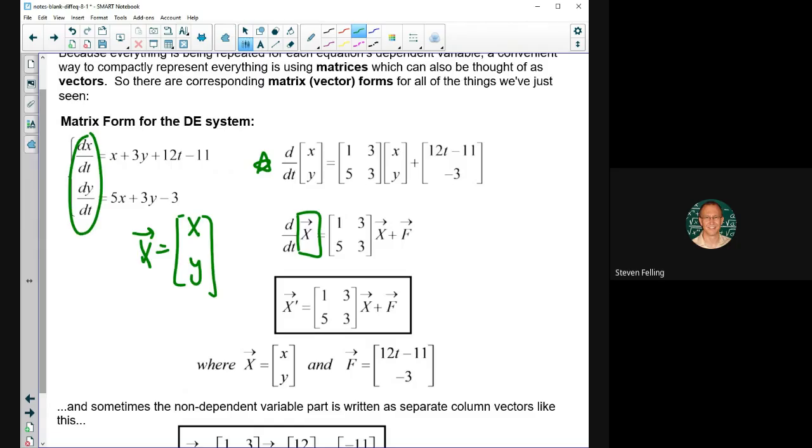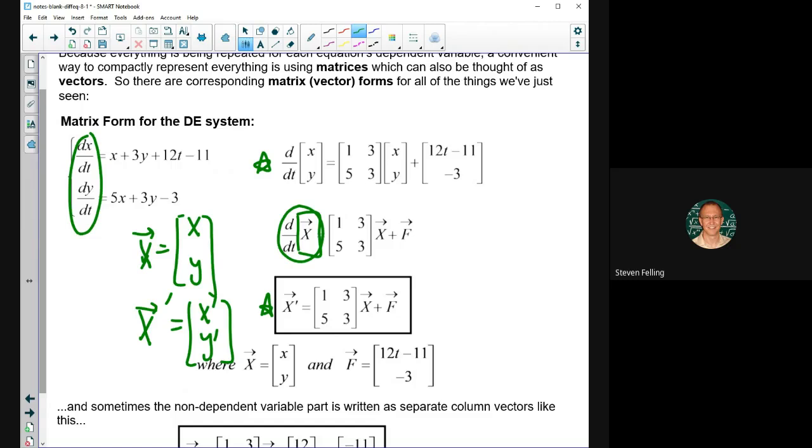Okay, and then if I've defined X as the matrix x, y, then that means I could write X matrix prime as containing x prime, y prime. So this expression here typically gets replaced with the symbol X prime, matrix X prime.